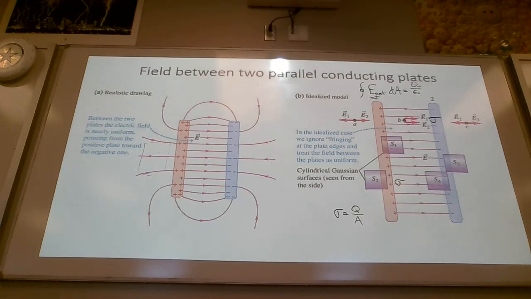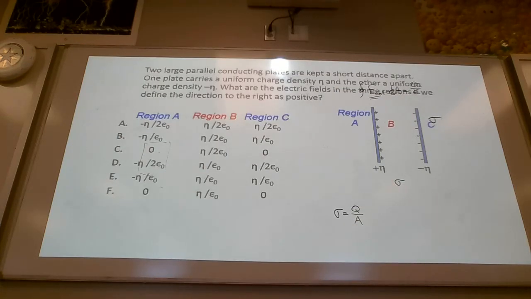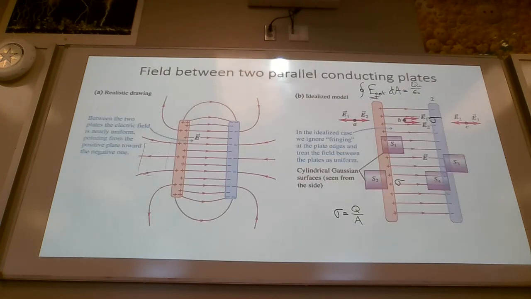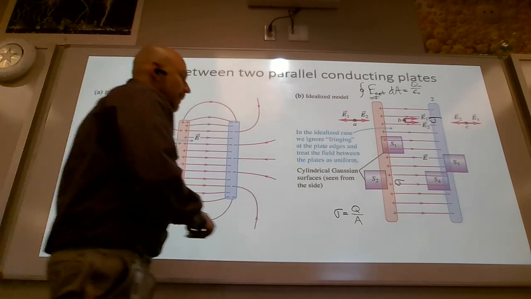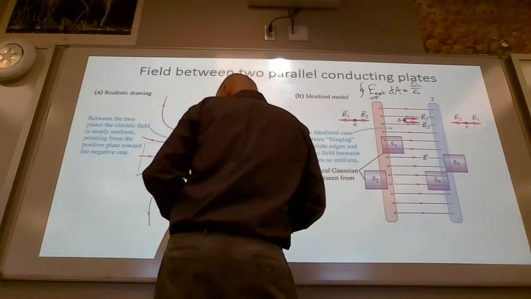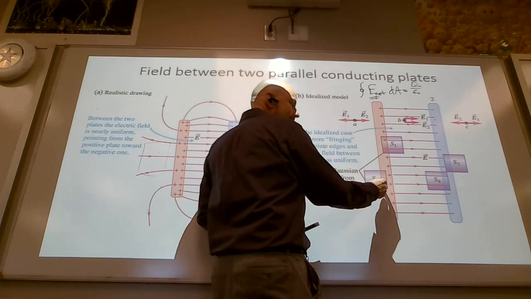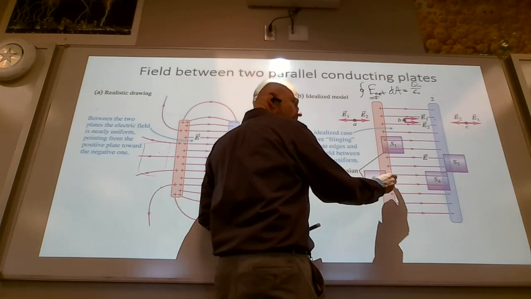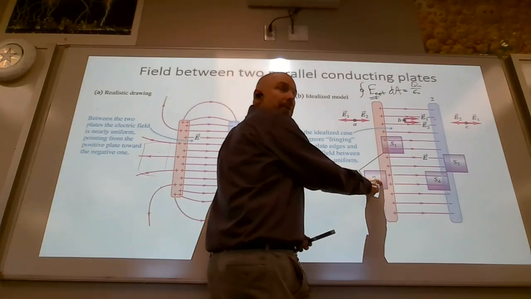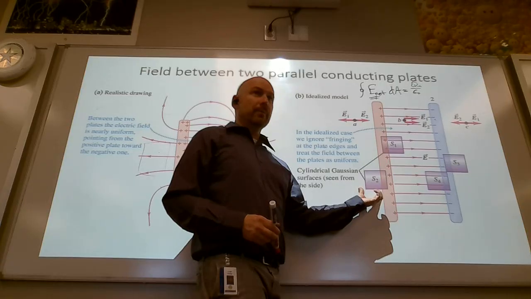So we can find, let's see. If we looked at the Gaussian surface here, assuming that in an ideal sense all the charge is over on this side here, there's no charge enclosed. So the electric field out here is 0.